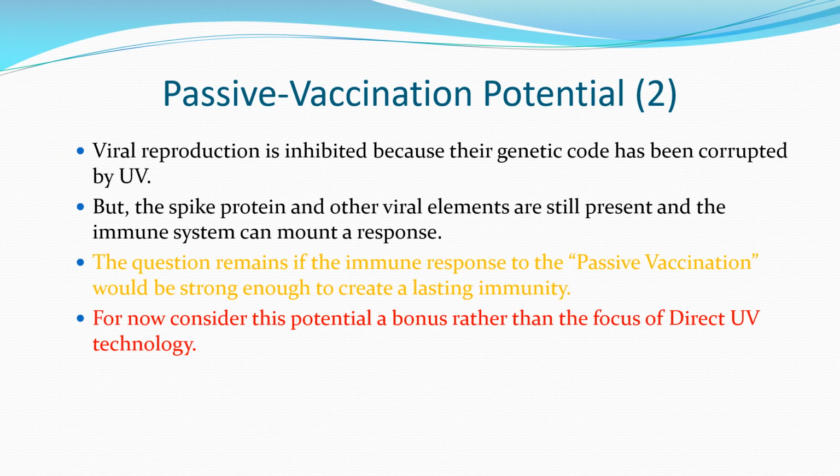Once an inactivated virus is inside its target cell, viral reproduction is inhibited because their genetic code has been corrupted by the germicidal UV. But the spike protein and other viral elements are still present, so the immune system can still mount a response to those elements.